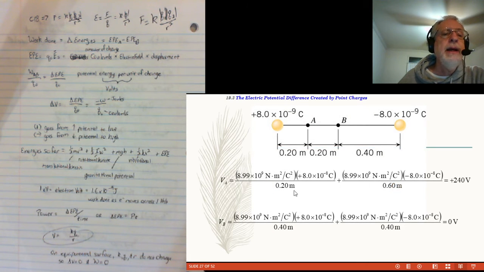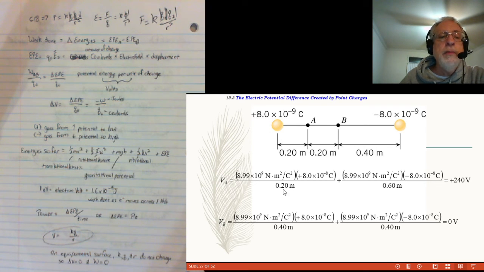Well, at A, I take the voltage due to one of the charges, which would be K, 8.99 times Q divided by the distance of 0.2 meters, and I add the potential from the other one, only now the distance is not 0.2 meters, it would be 0.6 meters. Add those together.